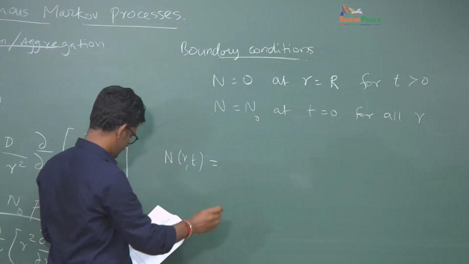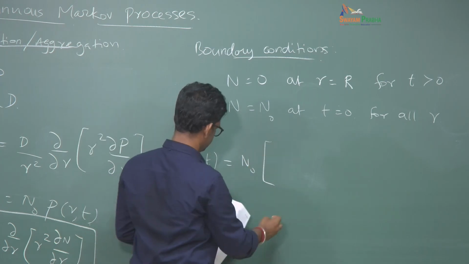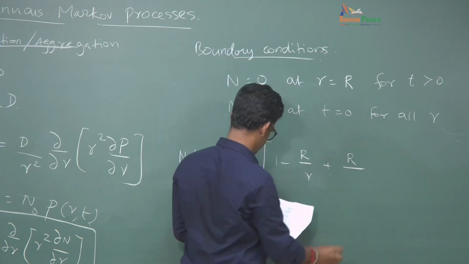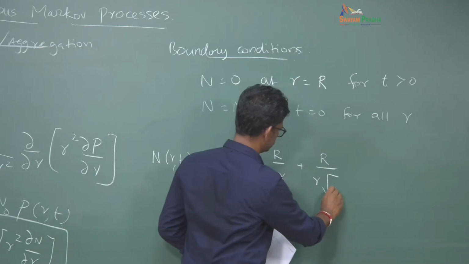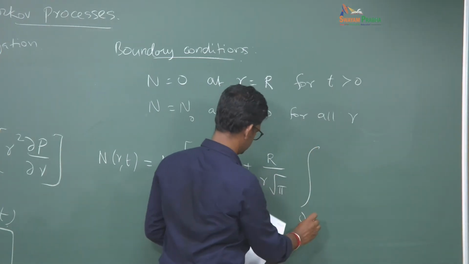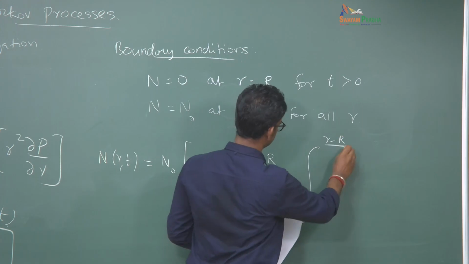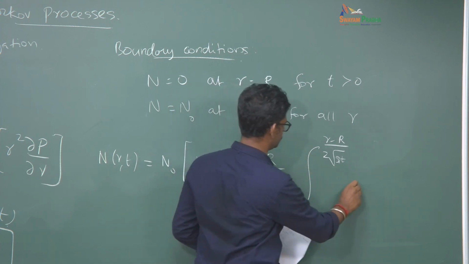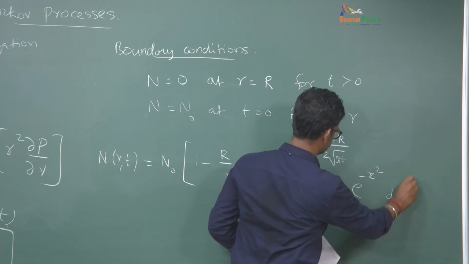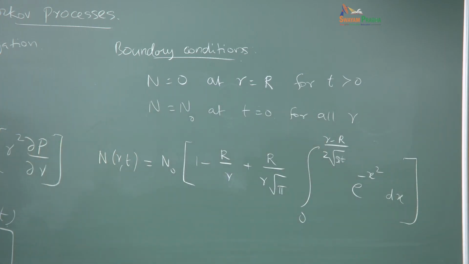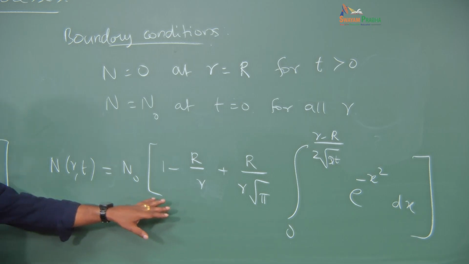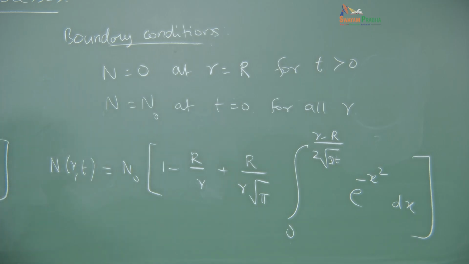So n of r comma t is given here. You can see that this solution is quite different from the Wiener's problem.